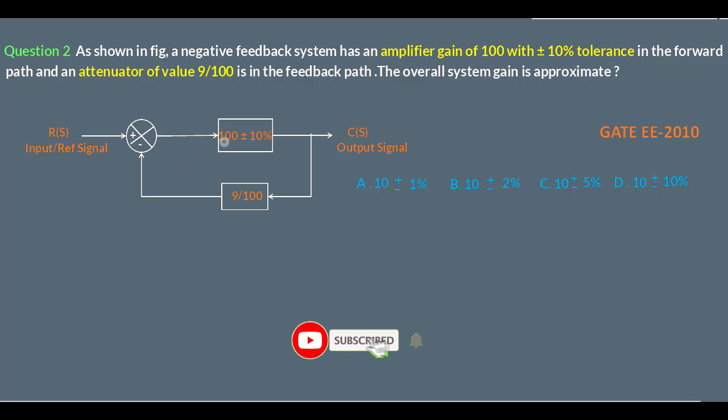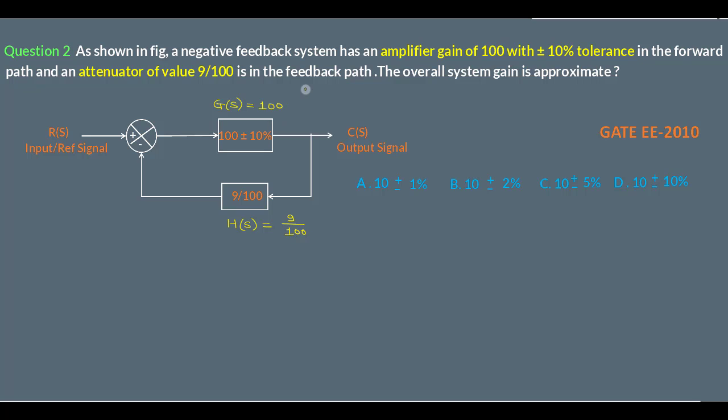The forward gain is 100. So we can write the value of G of S as nothing but 100. And the feedback path is 9 by 100. So this is nothing but the value of H of S, which is 9 by 100.